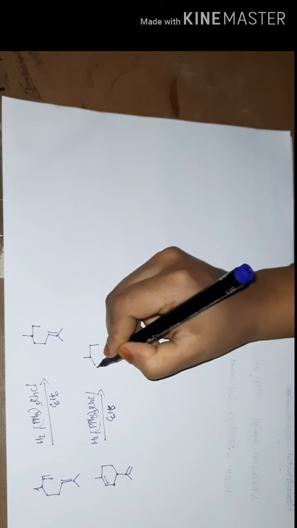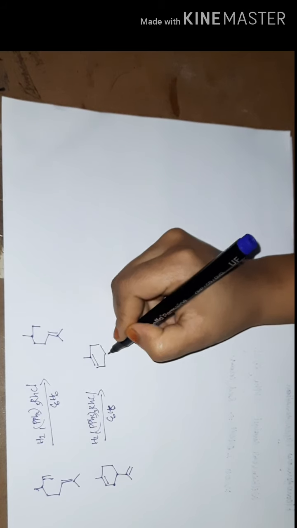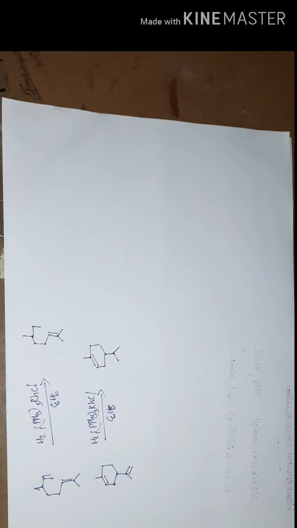So the tri substituted is kept as such and the di substituted is reduced. So these are the important points to be considered in the case of the homogeneous hydrogenation of hydrocarbons. Okay, thank you.